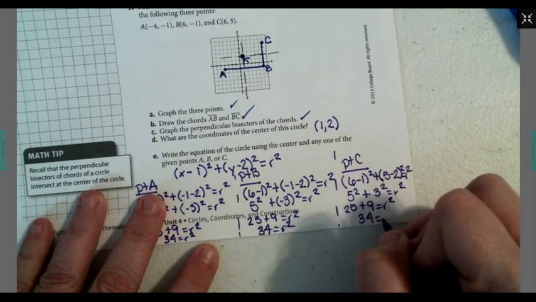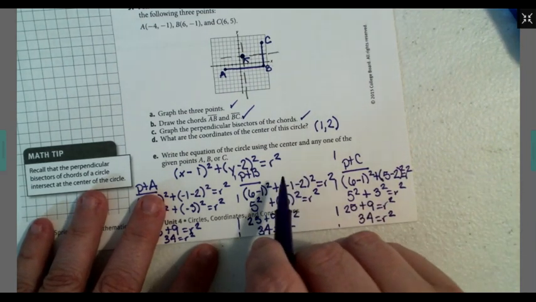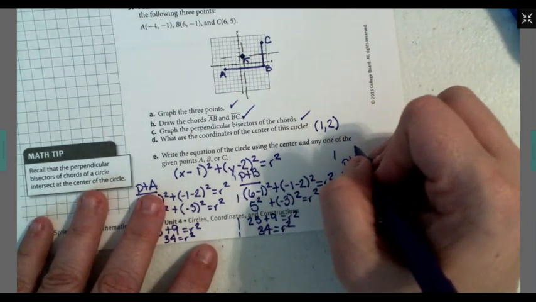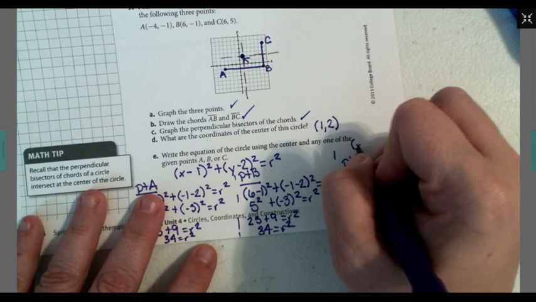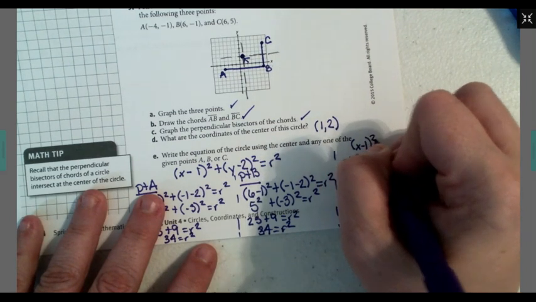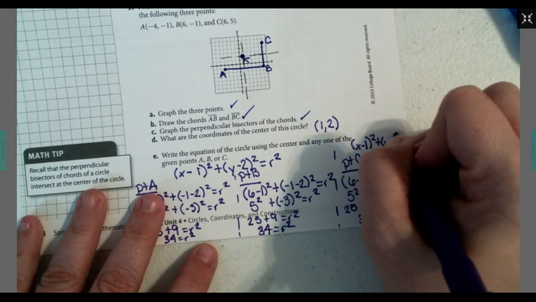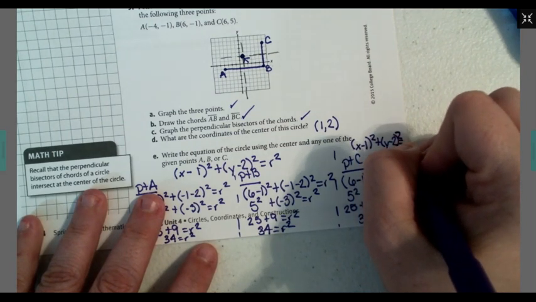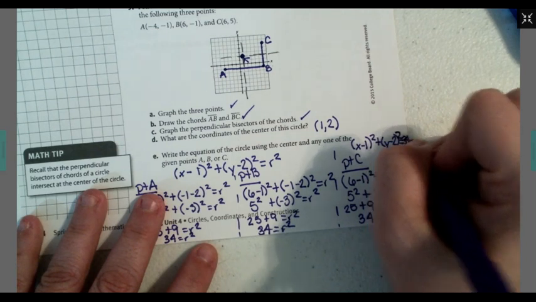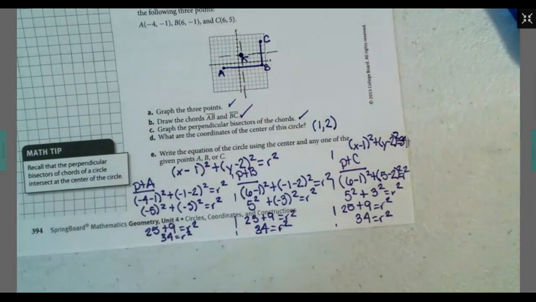So 34 equals r squared. So the equation that I got every single time was (x minus 1) to the second power plus (y minus 2) to the second power equals 34. On to the wrap up of this lesson.